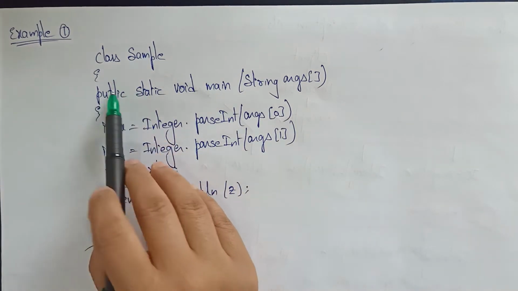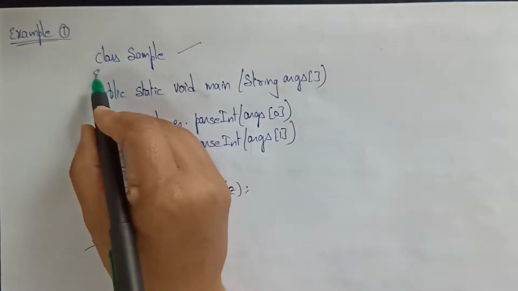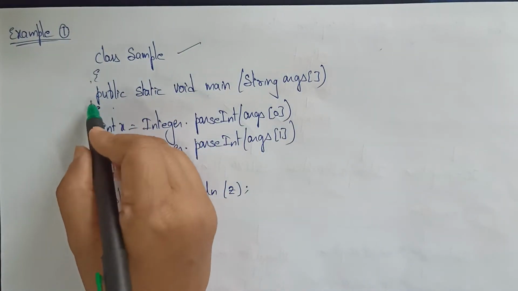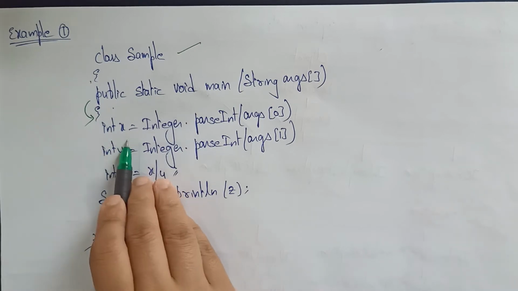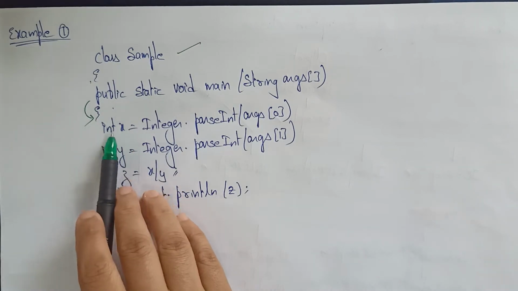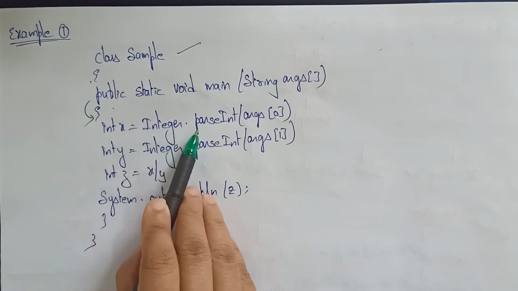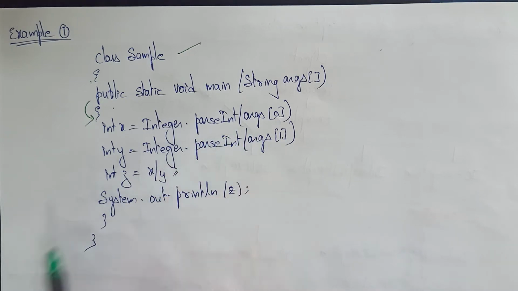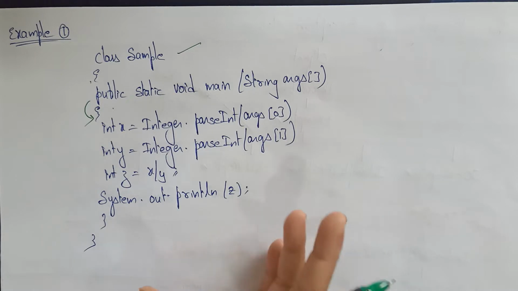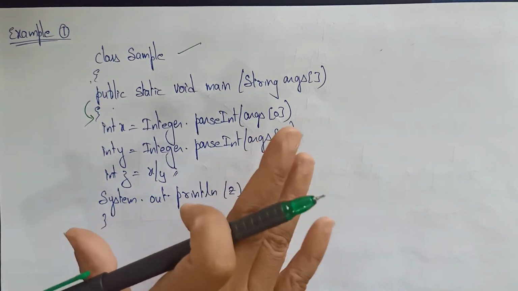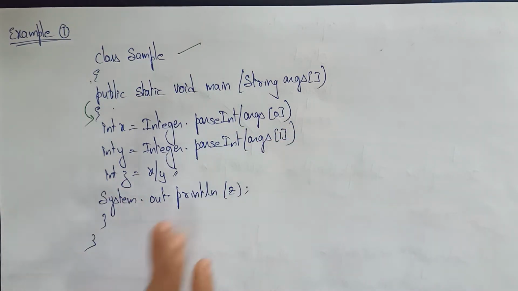Okay, here the class is loaded, open brace executed, main method called. Whenever the main method is called, first what is happening here? Integer x is equal to Integer.parseInt(args[0]). I am not writing the data inside the program; I want to run the program at runtime.